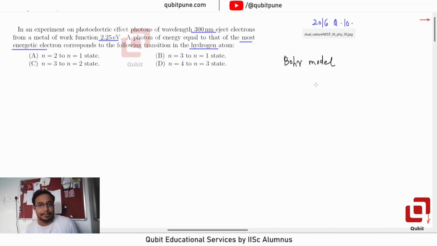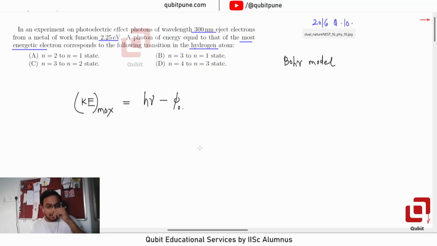So we are given a photon of wavelength 300 nanometer, and it is ejecting electrons from a metal of work function 2.25 electron volts. Also there is a term called most energetic electron, which means we have to use the maximum kinetic energy formula, which is h nu minus phi naught.